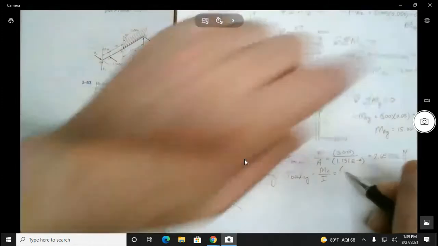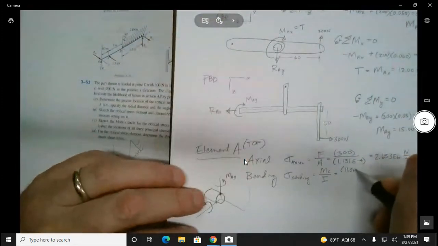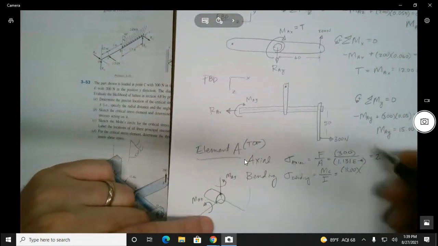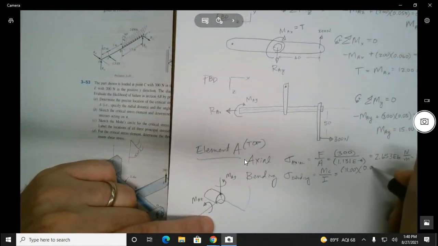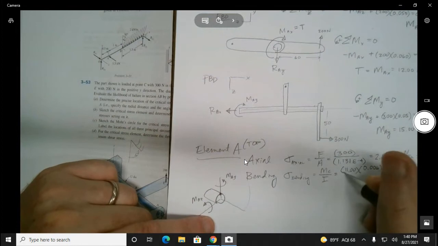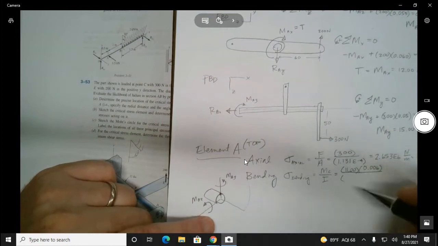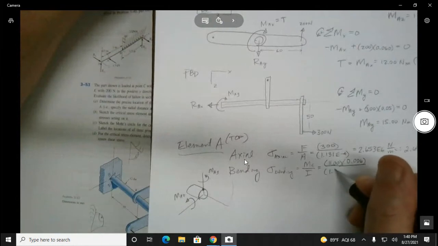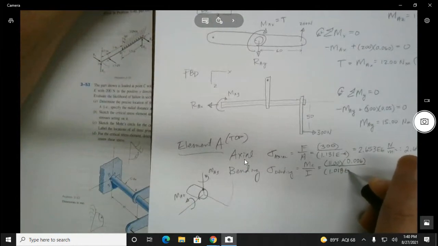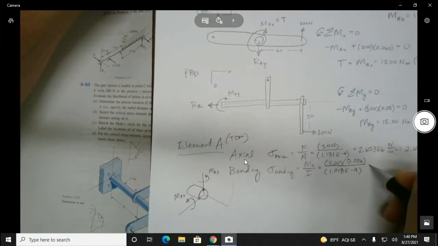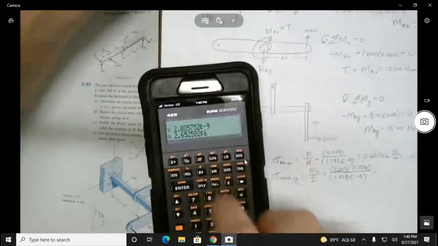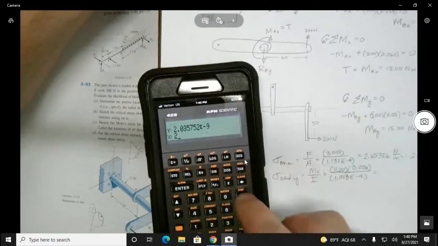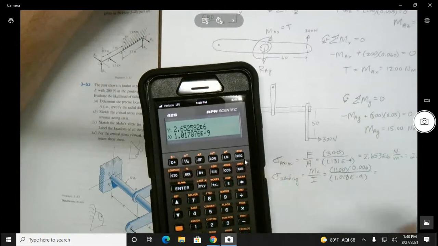which turned out to be 11. And the C of this is going to be 0.006, right, 6 millimeters. And the I we calculated up above as being 1.018 E minus 9. And lazy man doesn't want to do that, so that's going to be here.